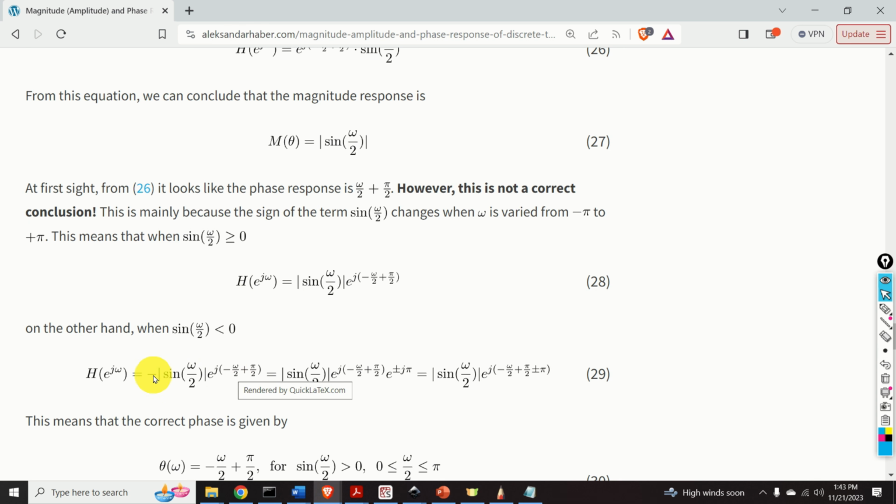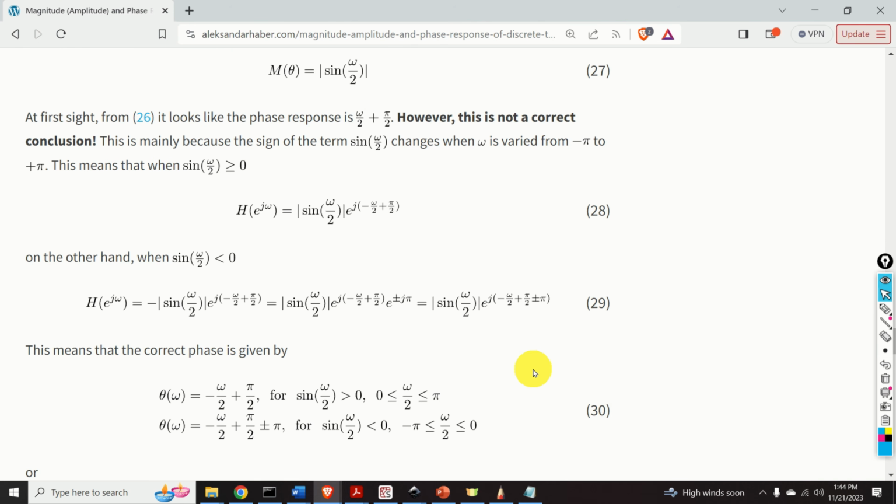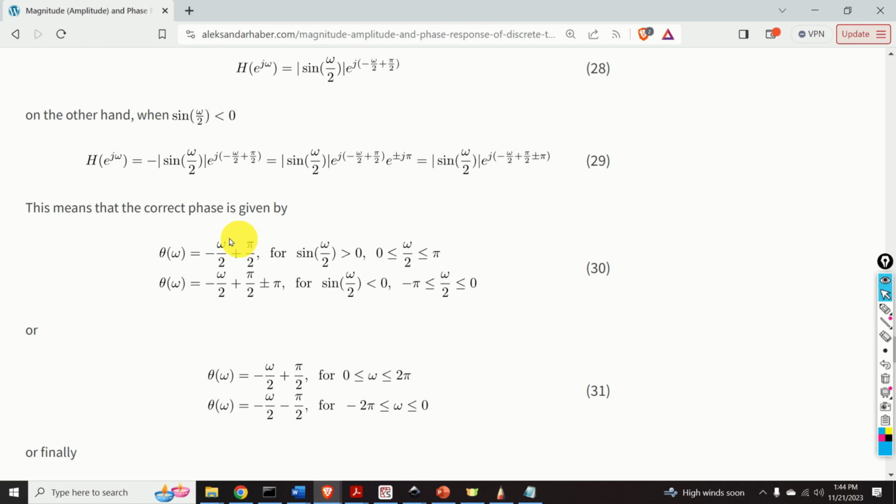I will have to take a minus sign, then I will have the sine over here, and I will have the absolute value. Then this minus sign has to be represented in the exponential form like this, and if I group this term with this term, I will finally obtain the phase that looks like this. This means that the correct phase is given by this expression.